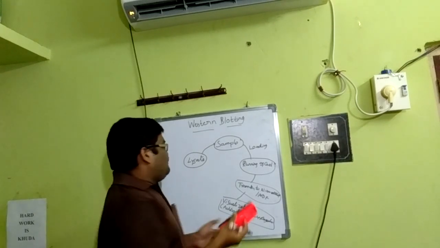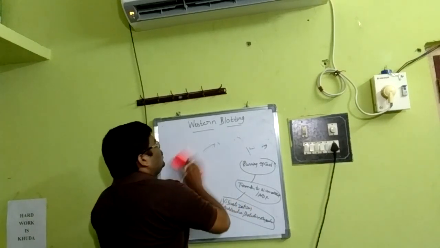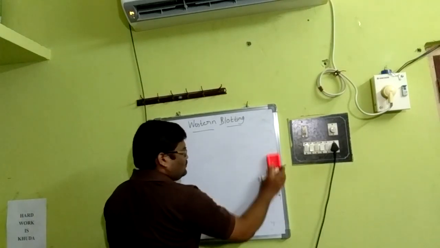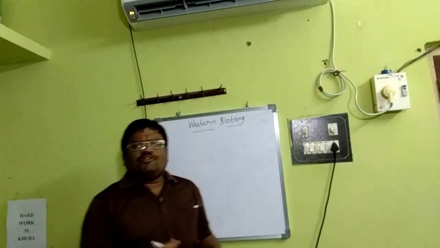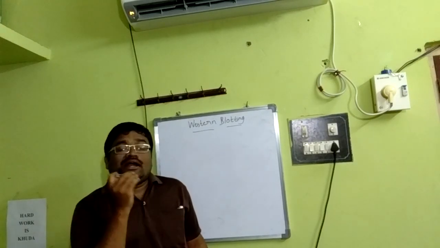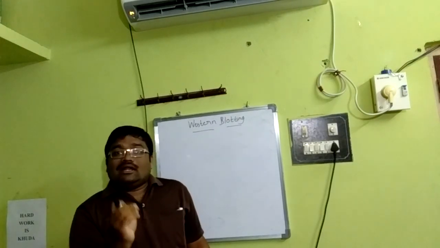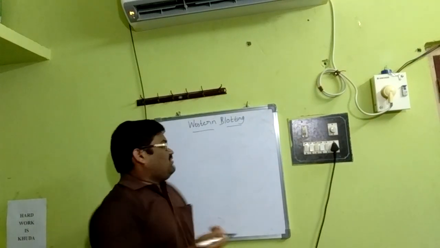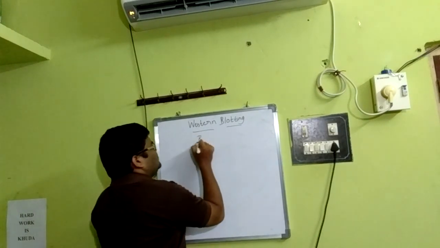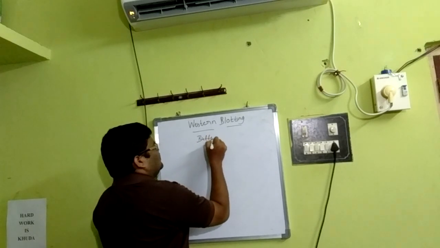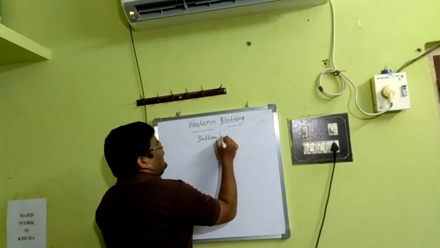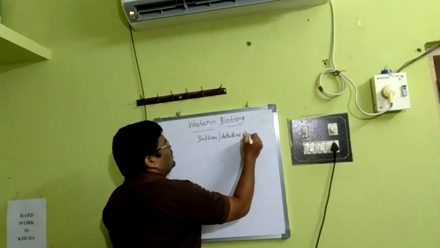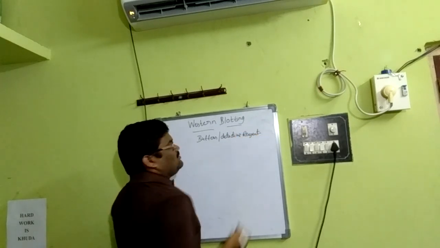It is, in a nutshell, a schematic representation of how Western blotting works. Before we go into the working mechanism of Western blotting, we have to understand different chemicals which play an important role in it, say buffers and detective reagents. These are very important components of Western blotting.